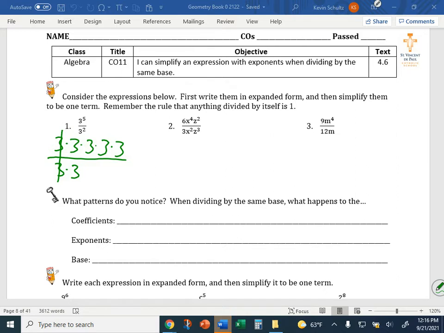Caleb? If there's 2 of the same numbers, they just cancel out anyways. What's 3 divided by 3 equal? 1, right? Anything divided by itself equals 1. So all these groups of 3's we can cancel out because each equals 1.